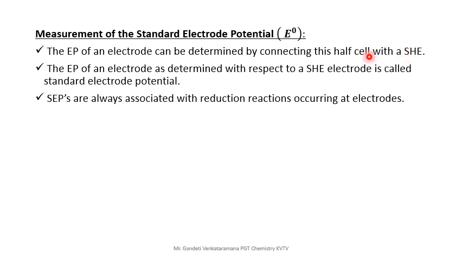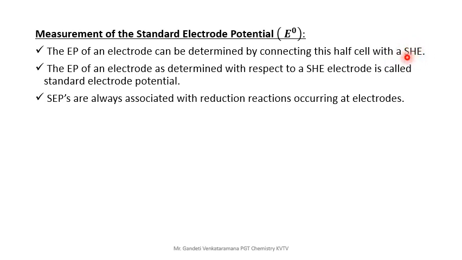Whatever the electrode, for example, take the zinc electrode. If you want to calculate the standard electrode potential of the zinc, take that electrode and connect this zinc half cell with a standard hydrogen electrode, because this value is already fixed at 0.